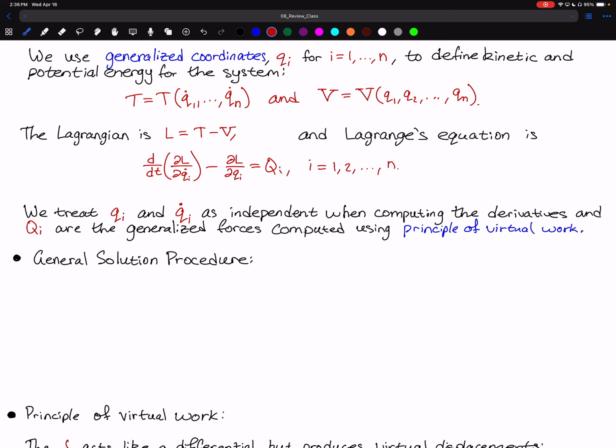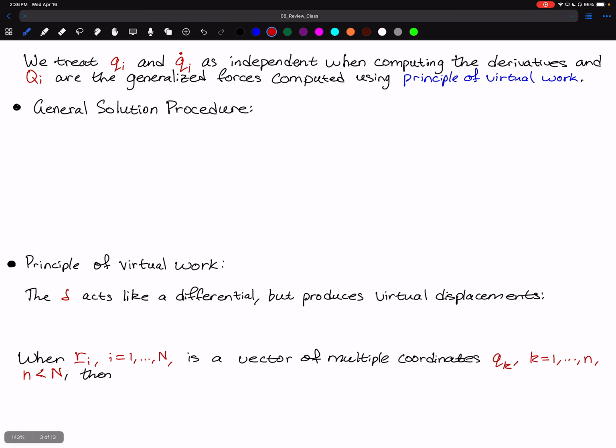We have a general solution procedure for applying Lagrange's equation. We're going to first again define a coordinate system. From there, we're going to determine position vectors.